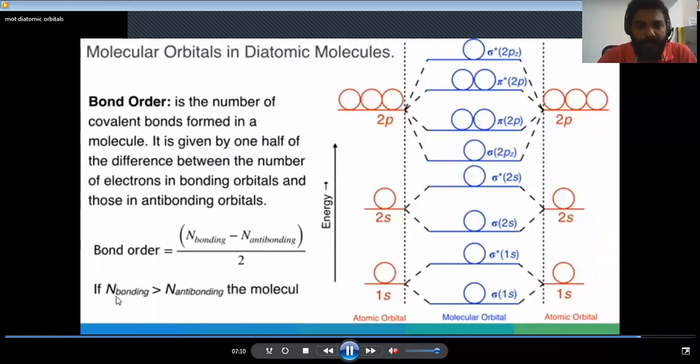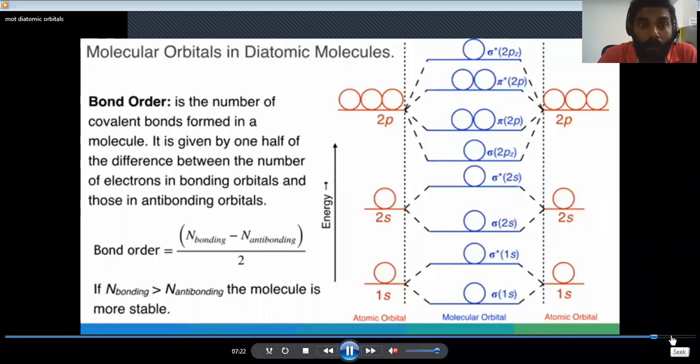If the number of bonding electrons is greater than the number of anti-bonding electrons, the molecule is more stable. More stable means more bonding orbital filling, so that molecule is more stable. That is the important thing, right?